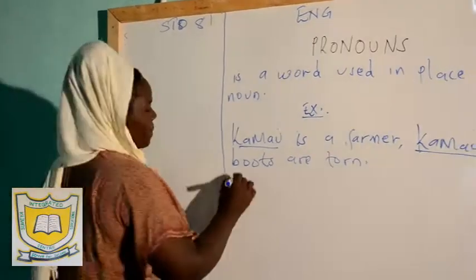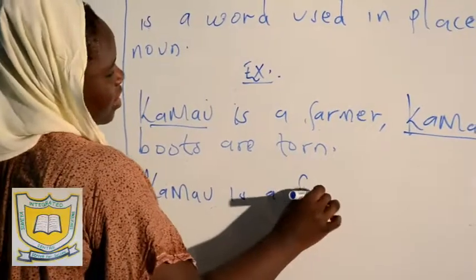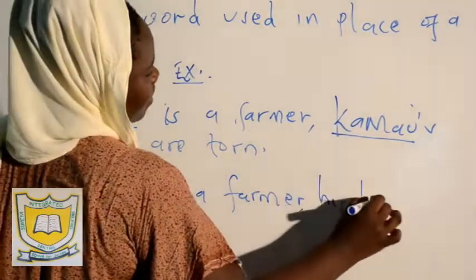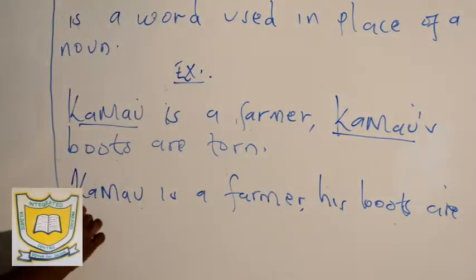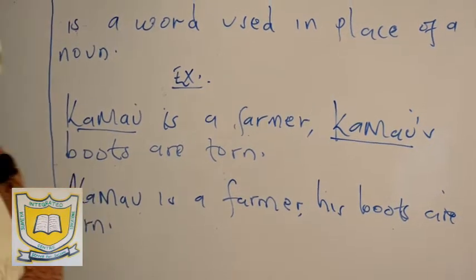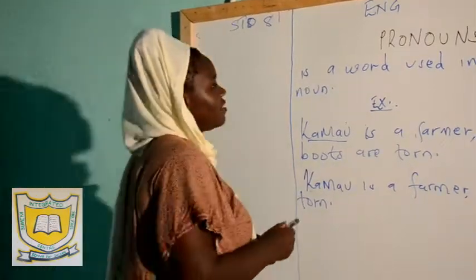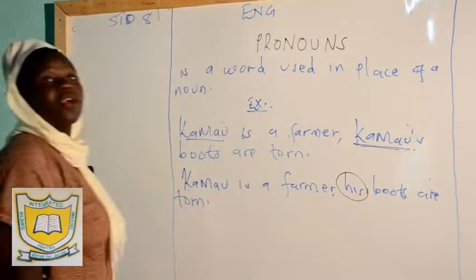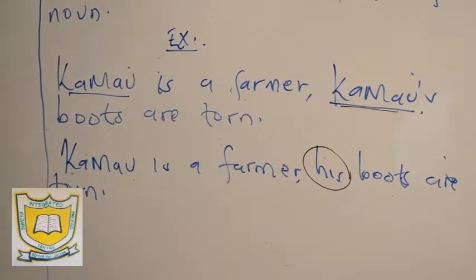I'm going to say, Kamau is a farmer, comma, his boots are torn. You realize that in my sentence, instead of the second Kamau, I'm having his, which is a pronoun.